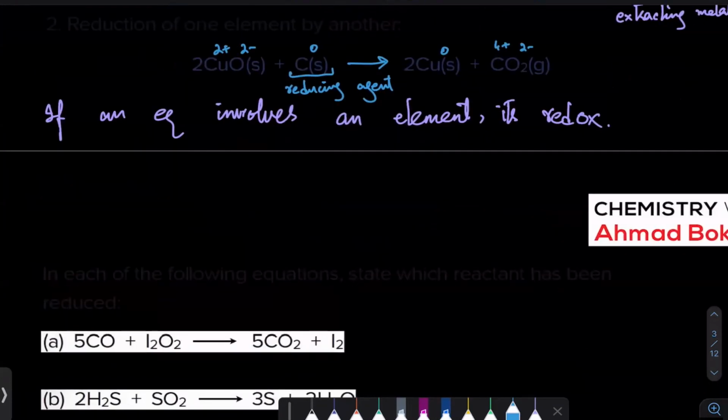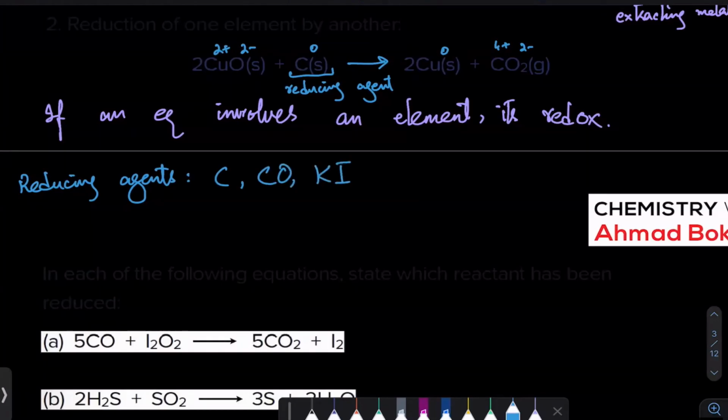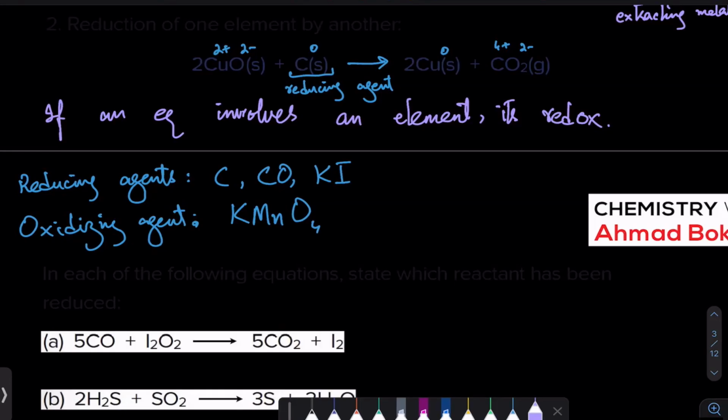So reducing agents, there is carbon monoxide and there's potassium iodide. Similarly, oxidizing agents, there is one in our syllabus that we should know about, KMnO4. Acha. Potassium iodide goes from colorless to brown. And KMnO4 goes from purple to colorless.